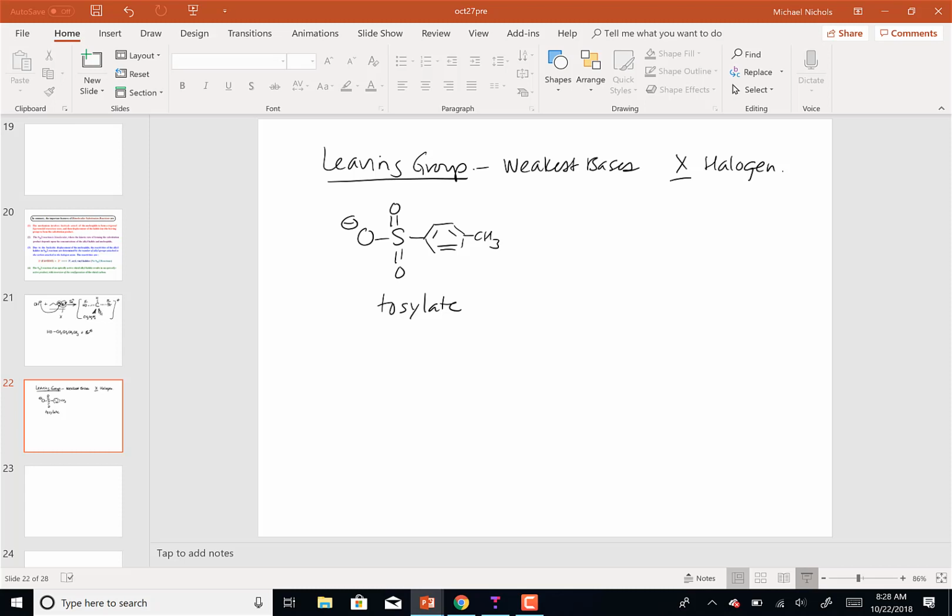My question to you is, why is this a weak base?